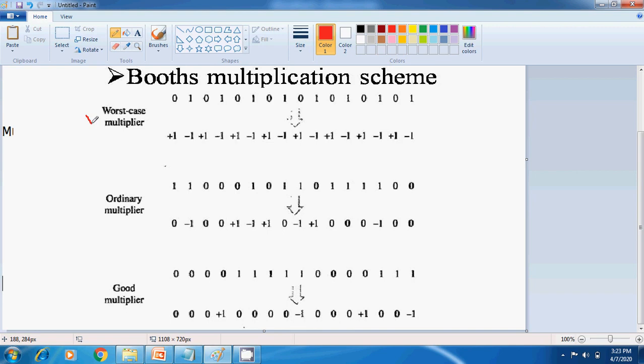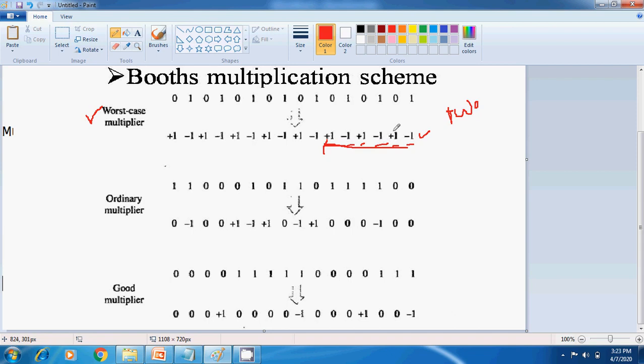So this is a worst case scenario. Here if you observe, we are getting -1 +1 -1 +1 -1 +1. So ultimately, whenever I multiply with -1, I have to add the 2's complement of the multiplicand. So it takes time.